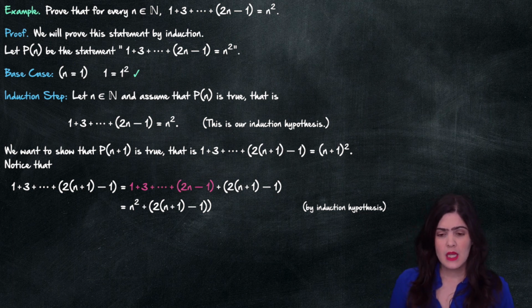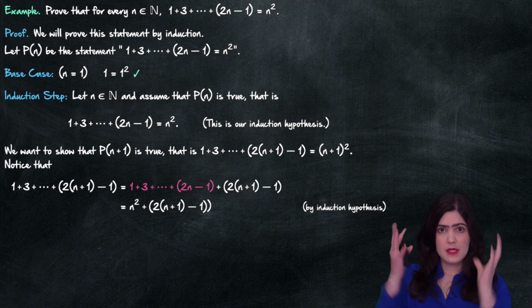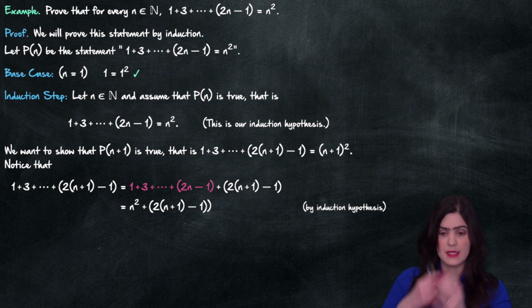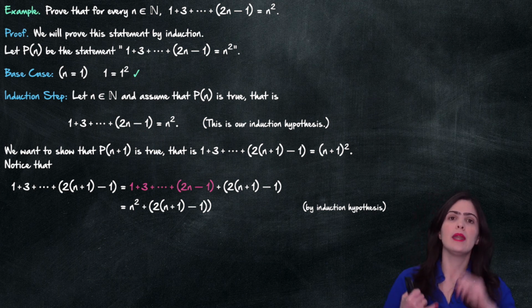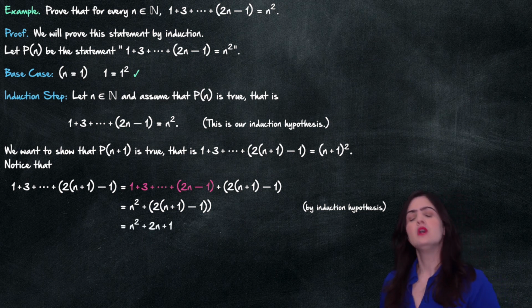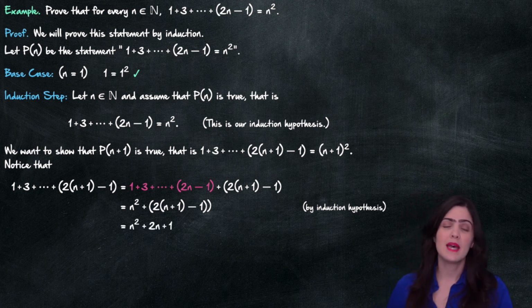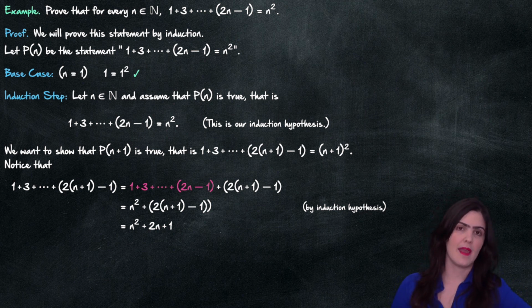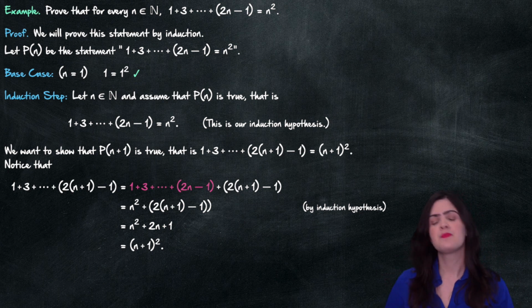But now you see, 2 times (n plus 1) minus 1 is 2n plus 2 minus 1. That is 2n plus 1. So we end up with n squared plus 2n plus 1. Hey, but I do know what this is. It's just (n plus 1) all squared.